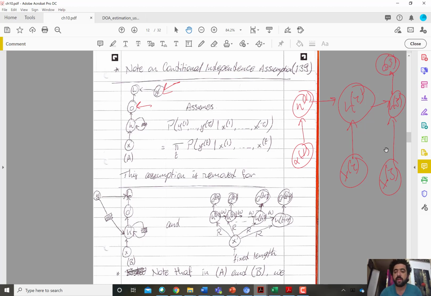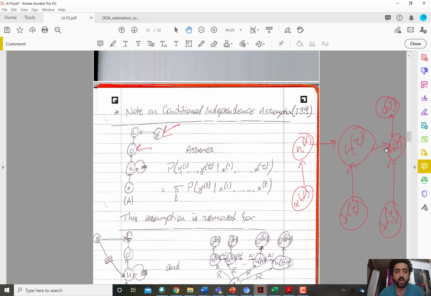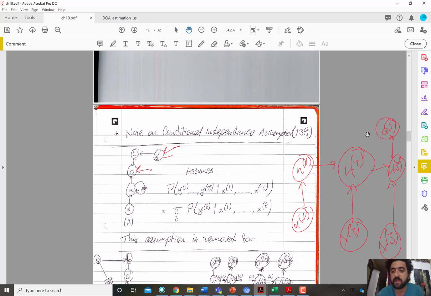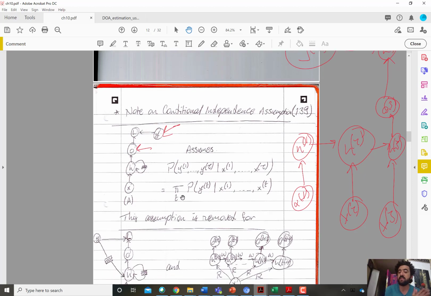And O of 3 is what you use to basically estimate, so this is the loss y of 3, right? So in order to estimate y of 3 given x of 1 and x of 2 and x of 3, you don't need to know any future x value. You don't need to know any past or future y value. Right? So this is a conditional independence, right?